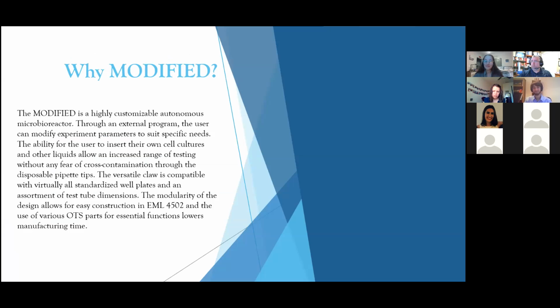So why choose Modified? Well, Modified is a highly customizable autonomous bioreactor. Our biggest feature in terms of customizability is our external program, which is able to modify the parameters inside the machine, including testing parameters. You're also able to use multiple fluids within the well plates.